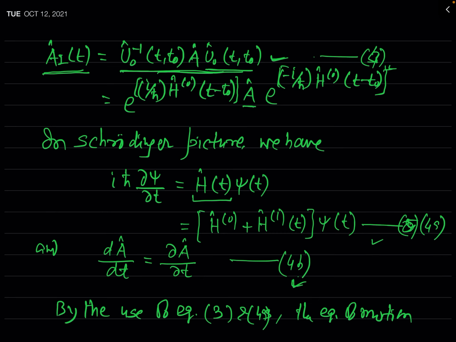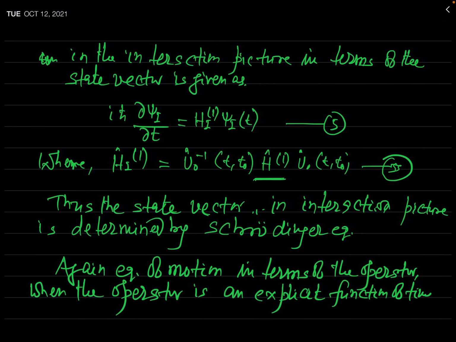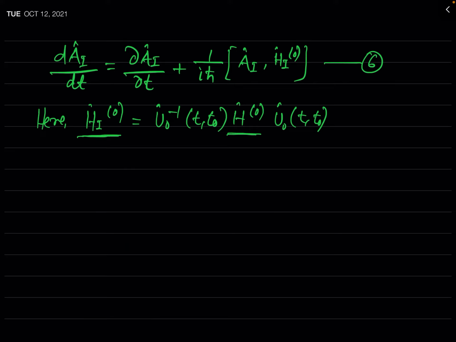So this is your equation of motion in the interaction picture in terms of the operator. And here you can see that in the interaction picture the equation of motion in terms of the operator is just like the equation of motion in the Heisenberg picture.